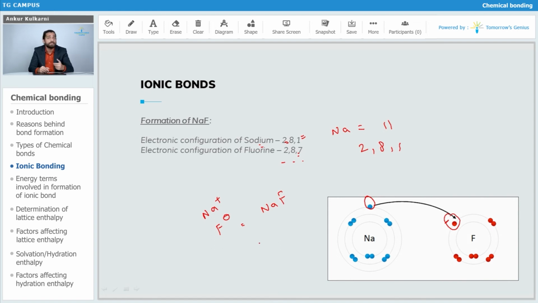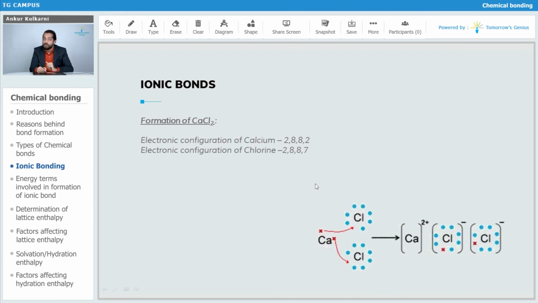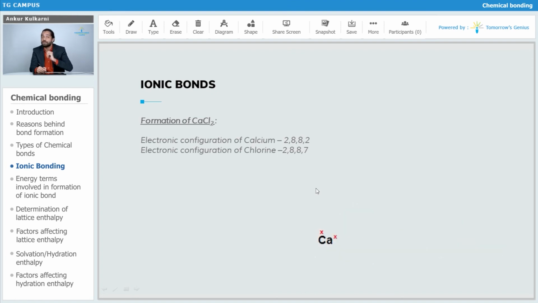Now let's look at a different example. Let's look at this example. This is calcium chloride. NaF was a 1:1 ratio of elements. Now let's talk about calcium chloride. First, what is the atomic number of calcium? The atomic number of calcium, as you know, is 20.